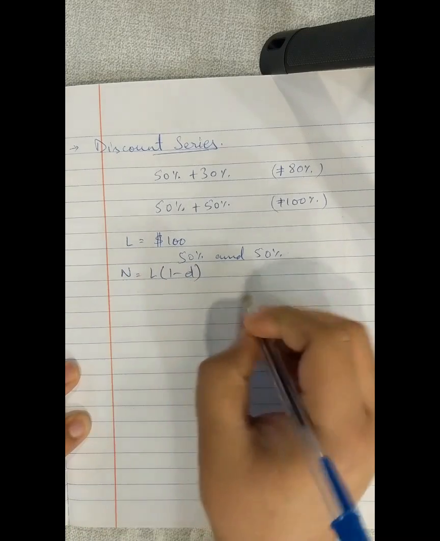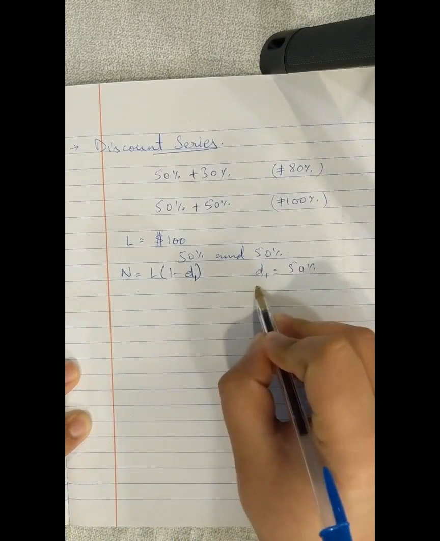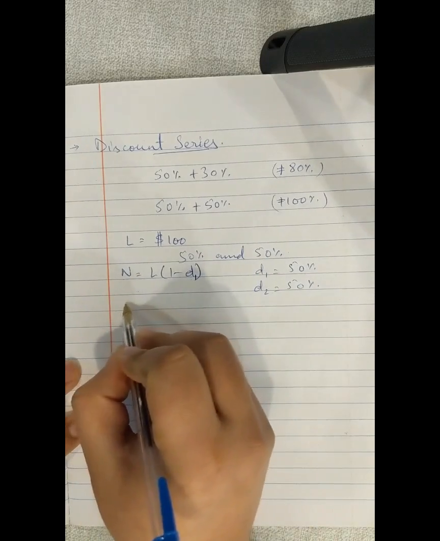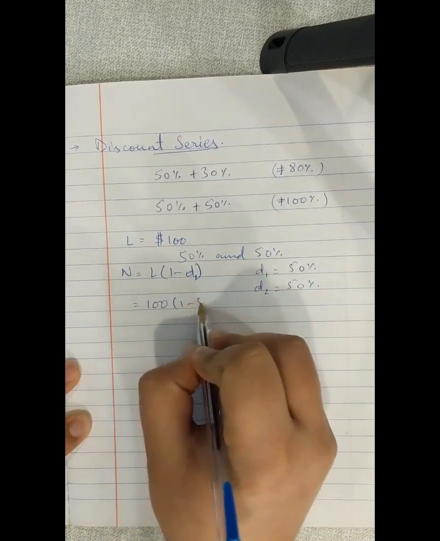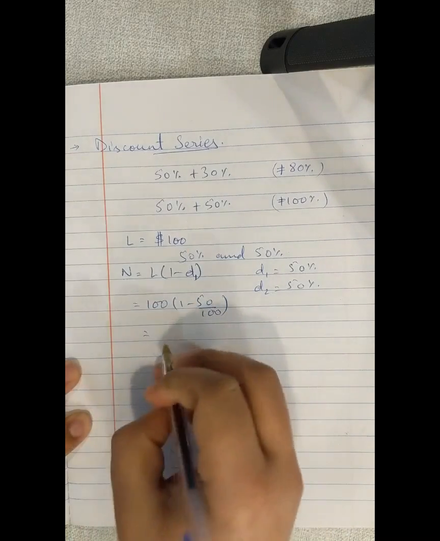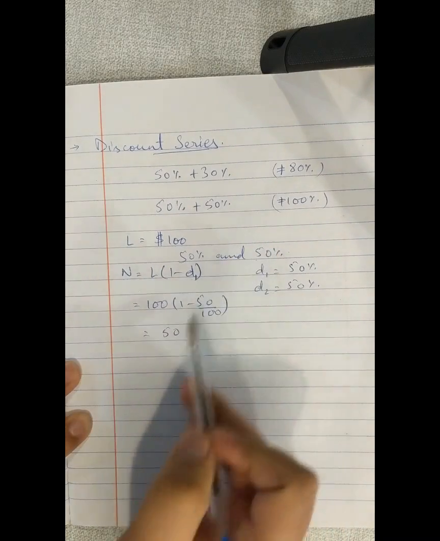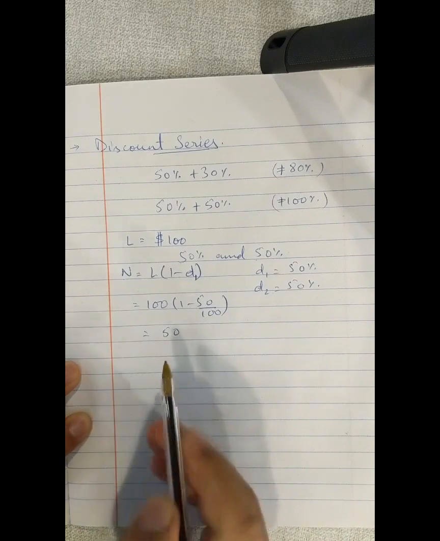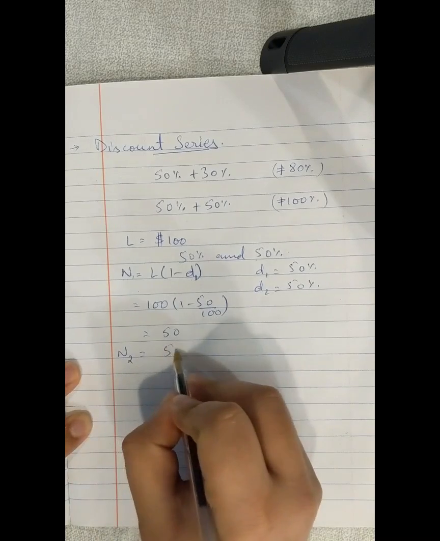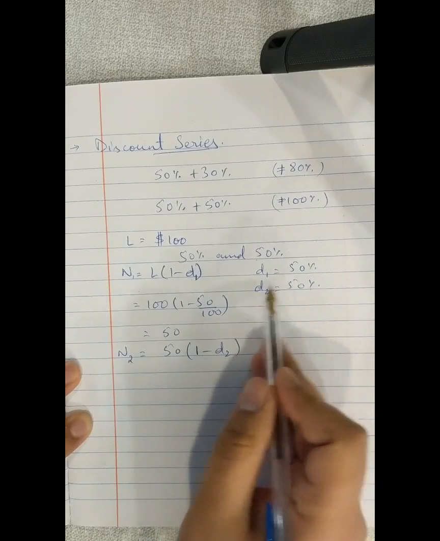So let's say D1 is 50%, then D2 is this 50%. So first we will get 100 times 1 minus 50 over 100. You can check, it will give you 50. Now we will apply this 50% on whatever we get here. So the final net price, let's say this is N1, so N2 will be 50 times 1 minus D2, the second discount.